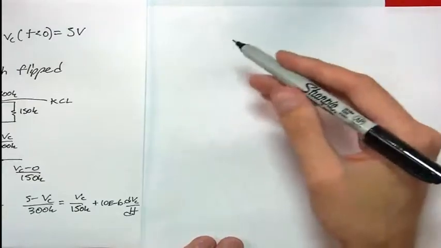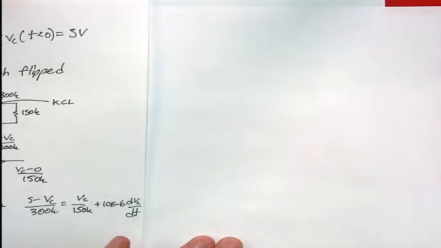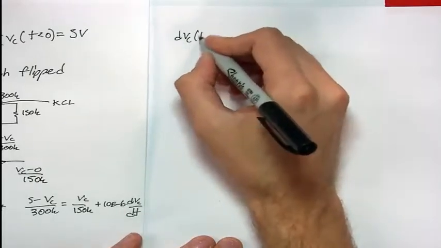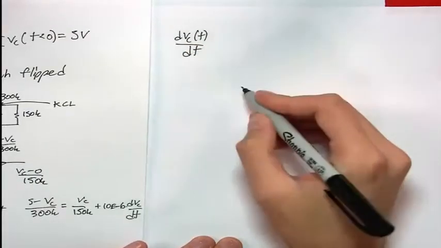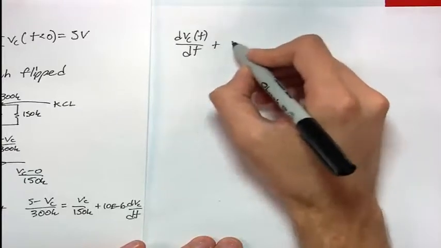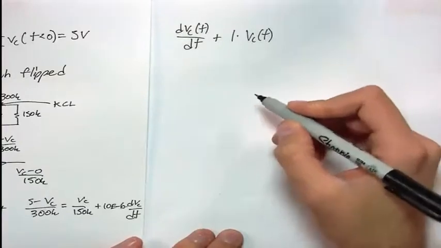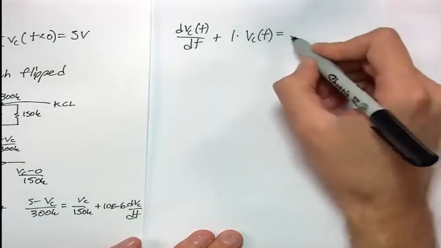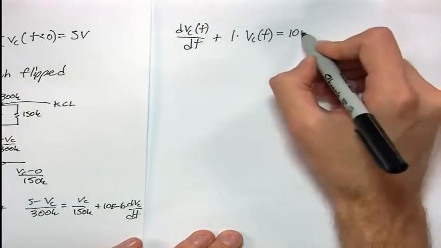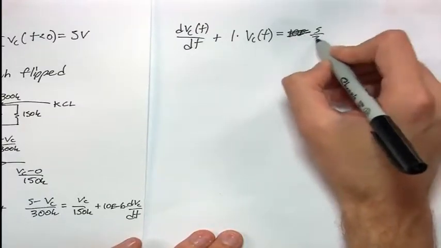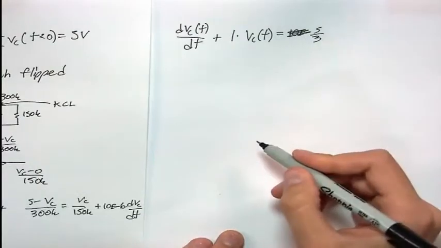By moving our equation around, we get dVc(t)/dt plus 1 times Vc(t) equal to 5/3.